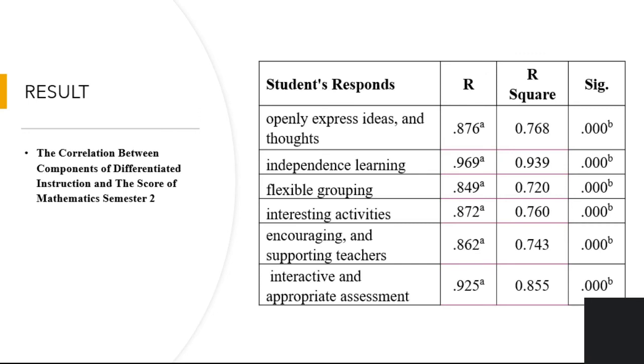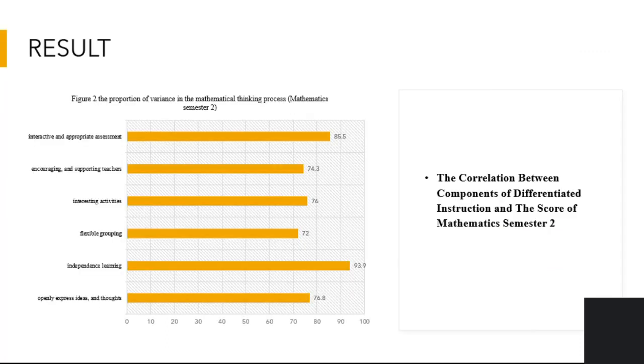The correlation between the components of differentiated instruction and the score of mathematics semester 2 gave the same result as mathematics semester 1. You can see here all of these values are the same as what I got from mathematics semester 1.